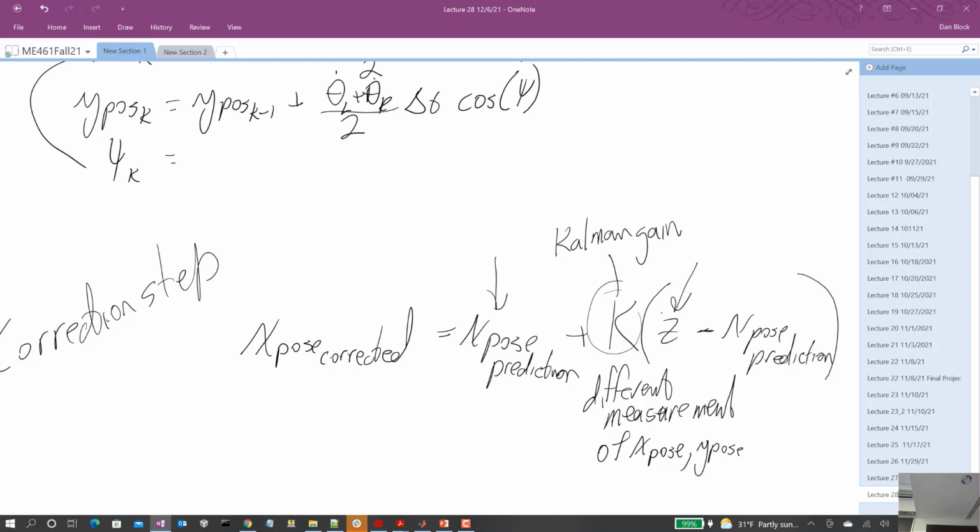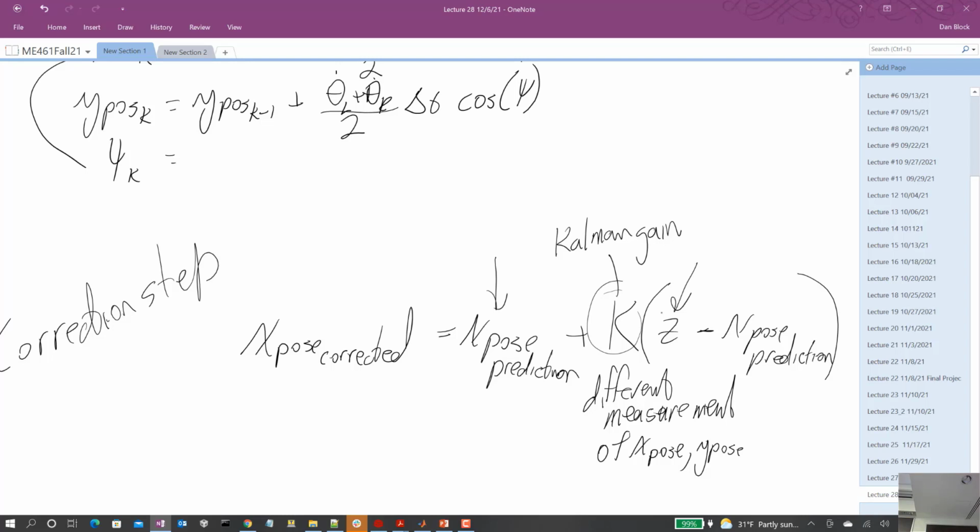Even if the measurement isn't super great, as long as we trust it somewhat, this corrected X pose has more trust than the previous prediction, which is kind of cool.